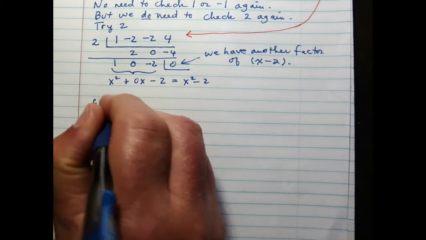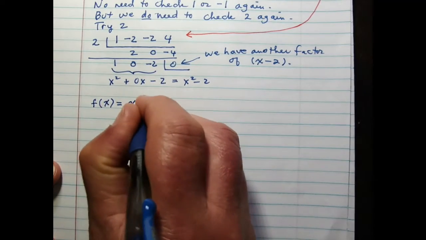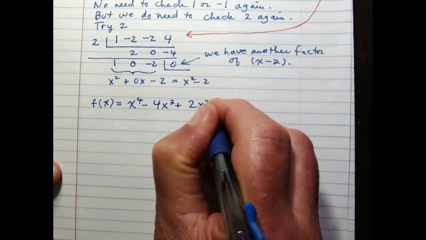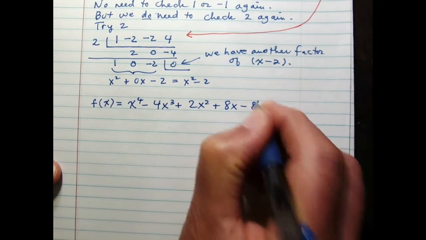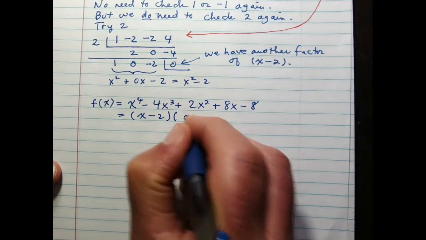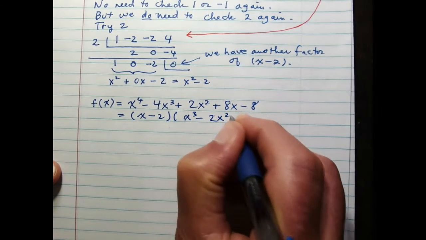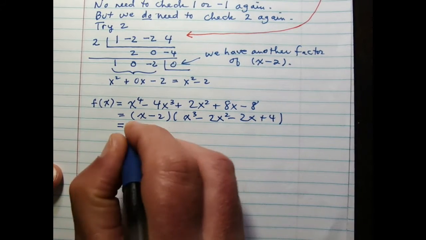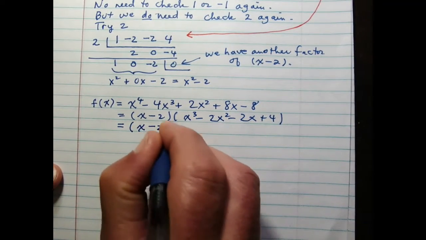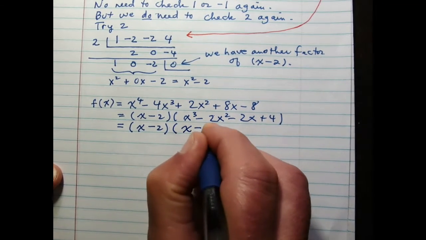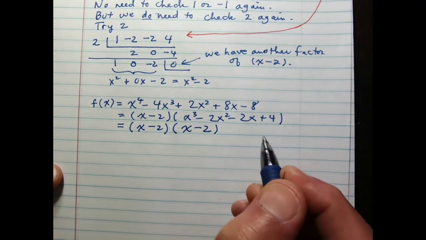I'm going to go back to the original just so we don't lose sight of it. We broke that down into x minus 2 times x cubed minus 2x squared minus 2x plus 4. We had that original factor of x minus 2, and now we have another factor of x minus 2.